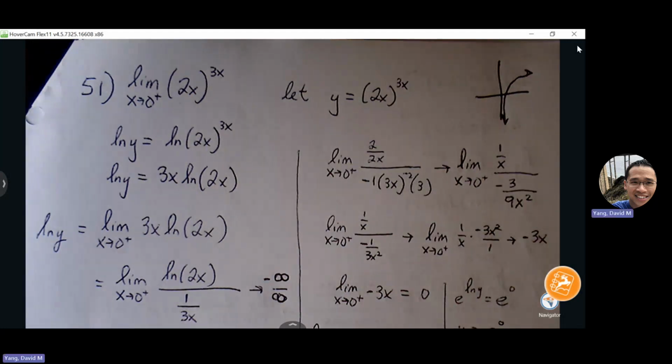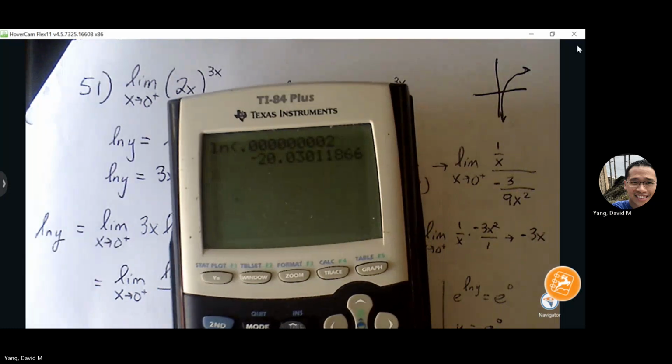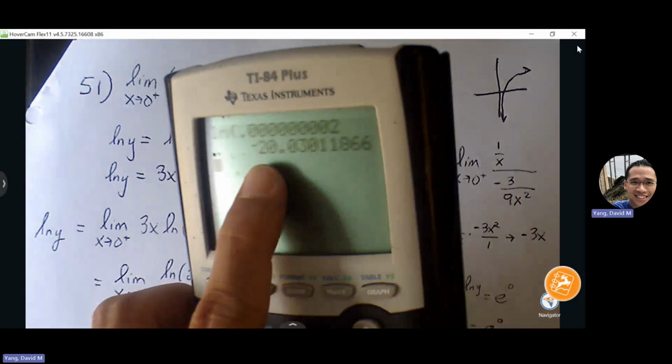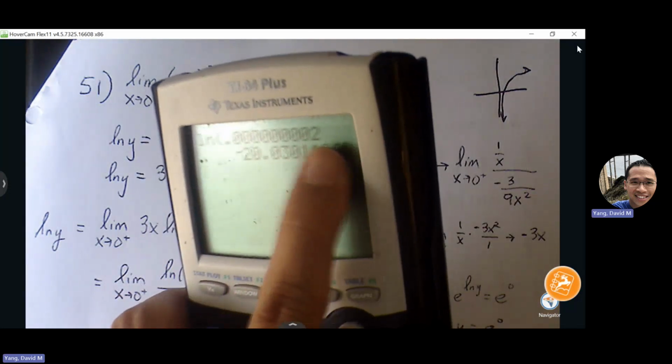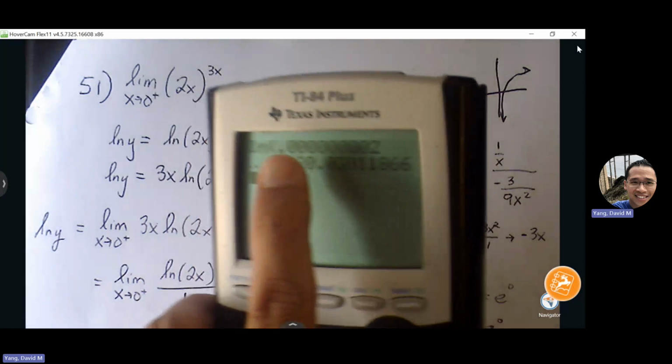If I plug it into the calculator, I think that should be the case. If I did natural log of 0.0000002, that's going to be really negative. Here it says negative 20, but if I increase that to 100 zeros followed by 2, it would be going towards negative infinity.